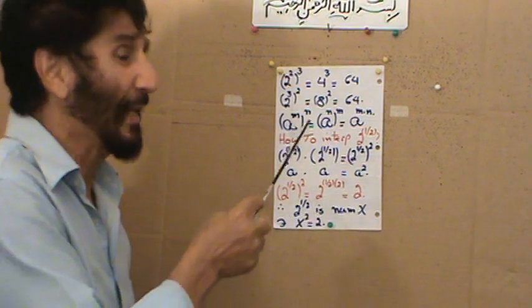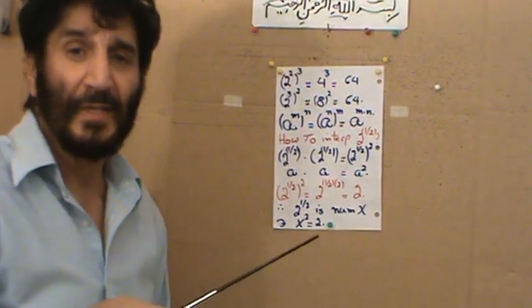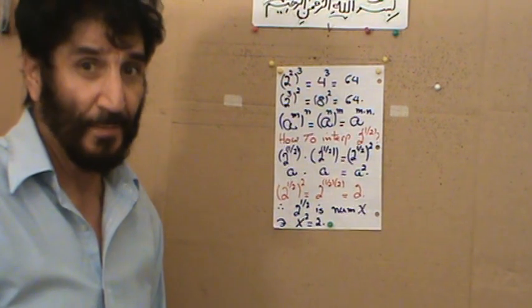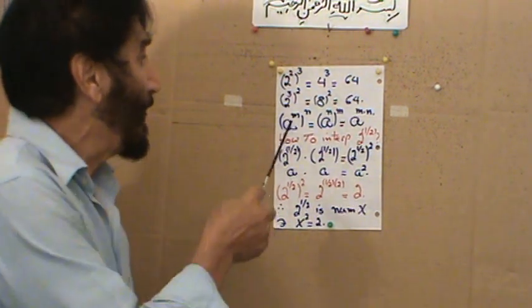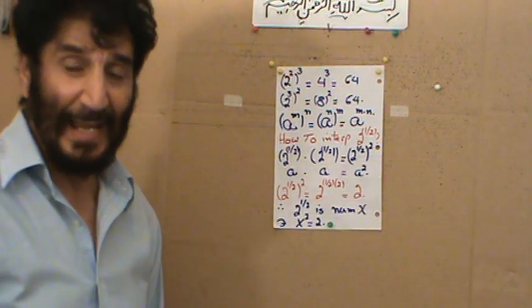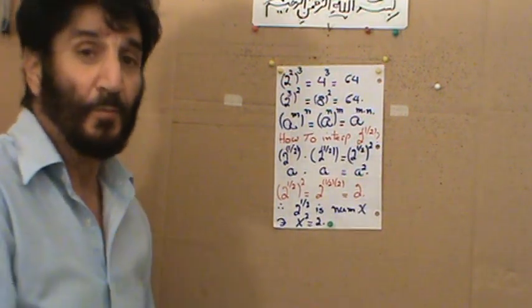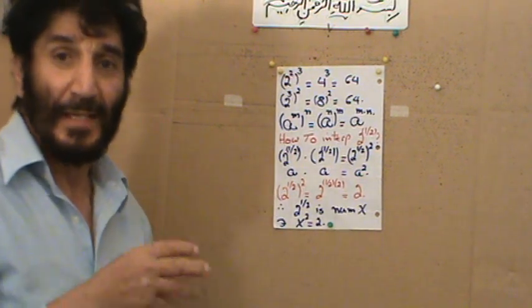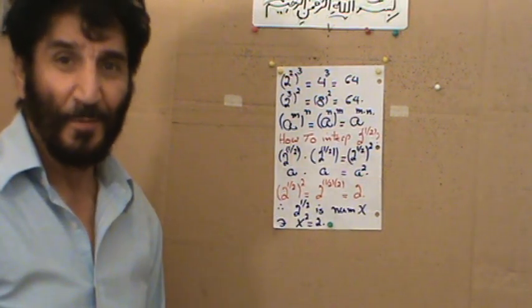Then 4 to the power of 3 equals 4 times 4 times 4, which is 64. And then, if we write 2 to the 3, which is 8, to the power of 2, which means we are changing these two, we end up with 8 squared, which is also 64.